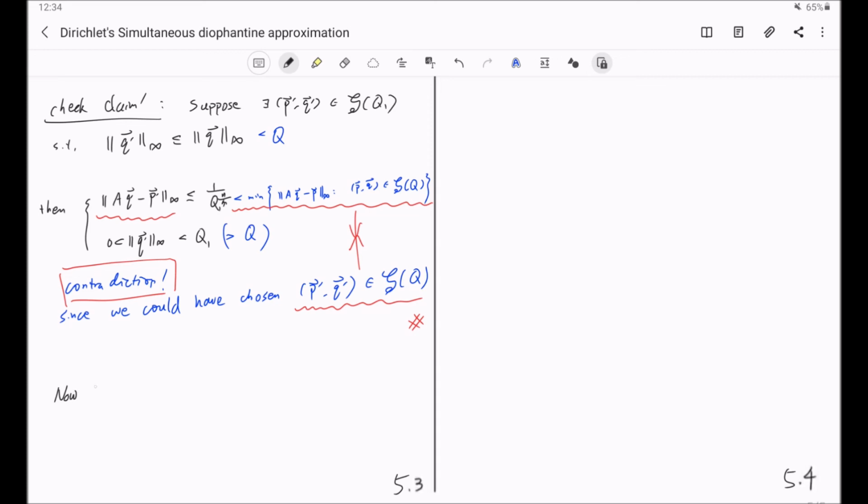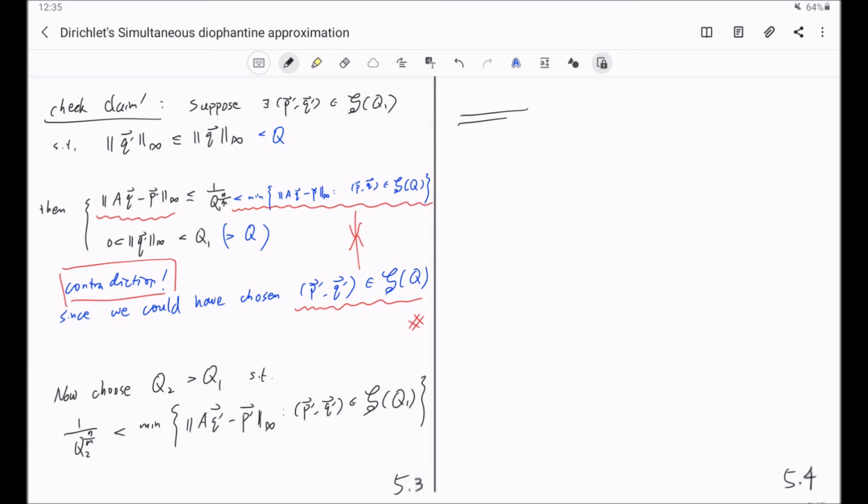So now choose Q2 to be strictly less than Q1 such that 1 over Q2 raised to the power n over m is strictly less than the minimum of those norms AQ prime minus P prime, with P prime, Q prime living in S of Q1.